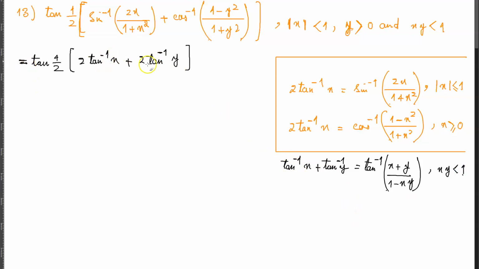So what I can do is write this as the tan of 1/2 of, and then I can take this 2 out, meaning I can write it as 2 times tan inverse of x plus tan inverse of y.